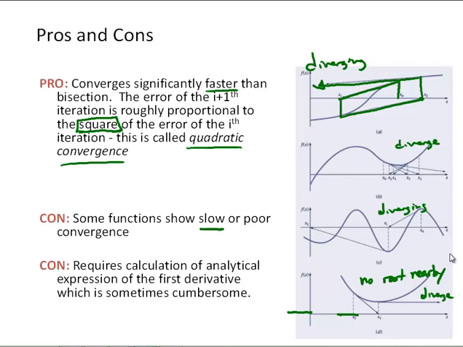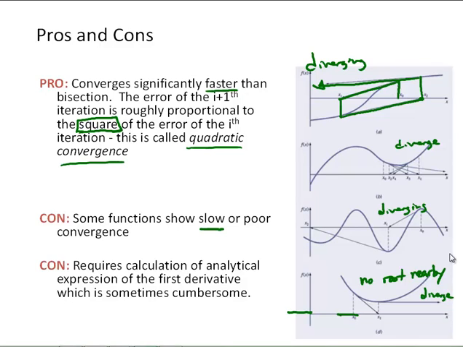That's one of the things that we see: if those initial guesses are closer to the root, then it's more likely to converge. So it puts a little bit more requirement on our initial guess. Recall for bisection, as long as that root lies in between the initial bracket, the bisection method is going to converge on it. For Newton-Raphson, it usually converges as long as our initial guess is somewhat close to the root we're seeking.